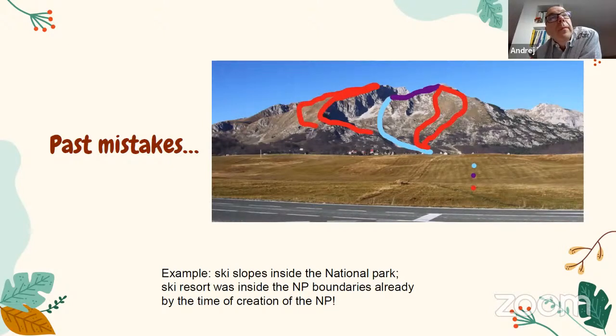So what to do now? Because it's almost impossible to persuade the decision makers, but also the general public, that this doesn't work for biodiversity conservation. Of course, it's probably not the intention that we will get rid of this kind of wrong development.